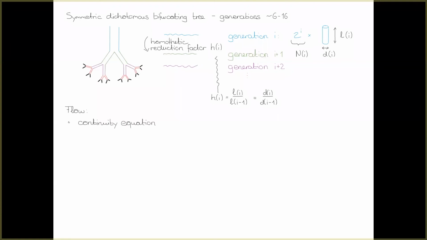Now because of the continuity equation, we know that the velocity is very small because of the increasing cross-sectional area. And then from the Navier-Stokes equation, when we think about the Womersley number, which is very small, we can actually cross out this term. Let's just assume therefore a quasi-steady flow.